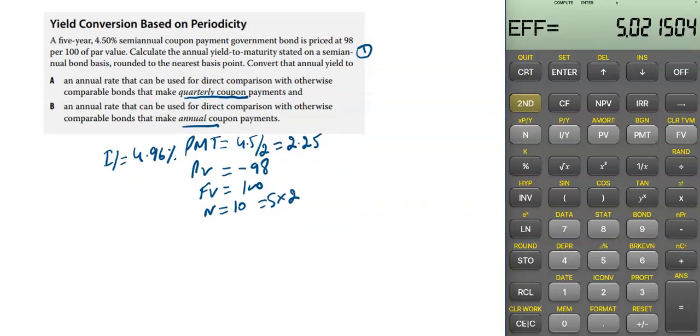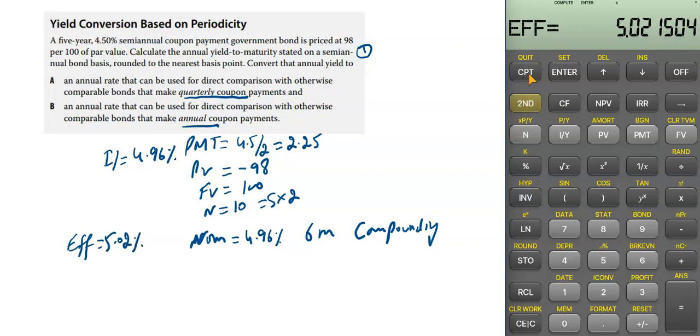So if there is a 6-month compounding, nominal rate is 4.96. Effective rate is 5.02. So in order to have a direct comparison, you have to keep the effective annual rate same. Calculate the nominal rate if there is a quarterly compound. So quarterly, there are 4 quarters in a year.